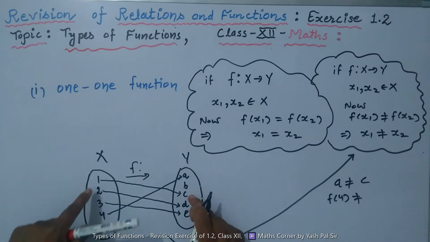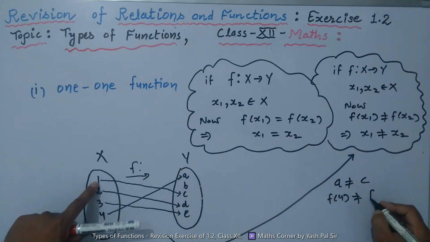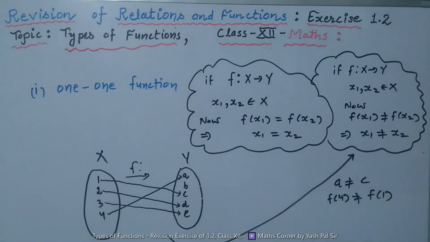Now what is c? c is the image of 1. So also 4 is not equal to 1. So this condition is satisfied. So this way the function is a one-one function.